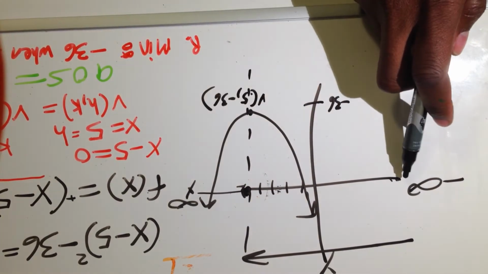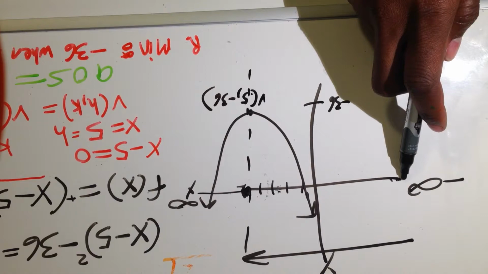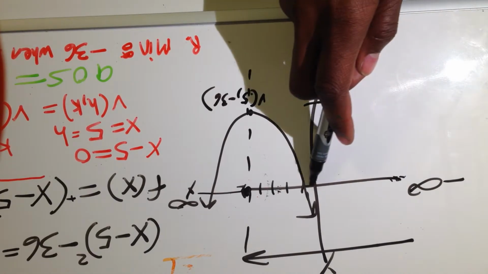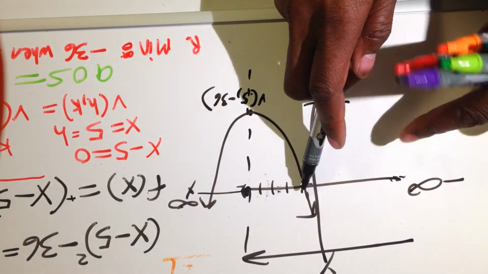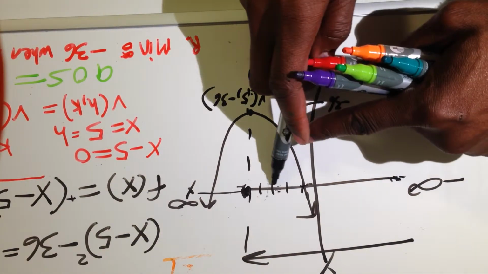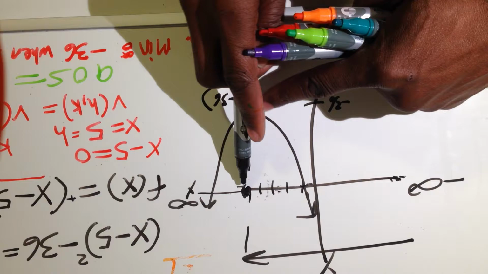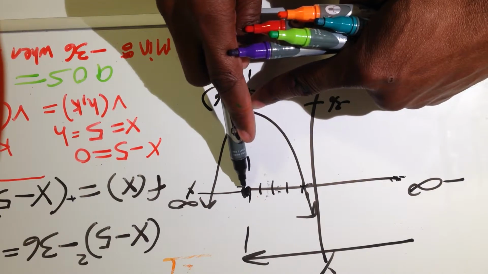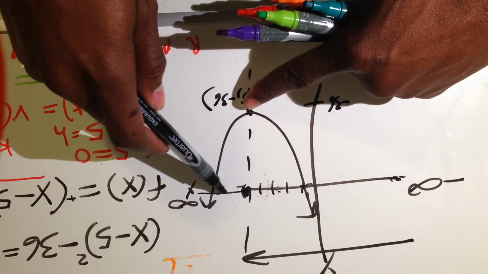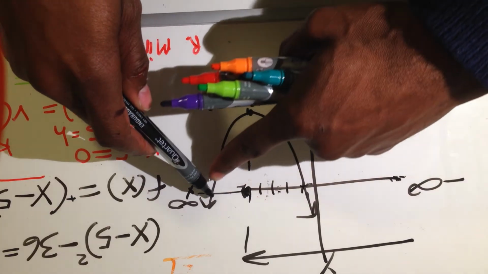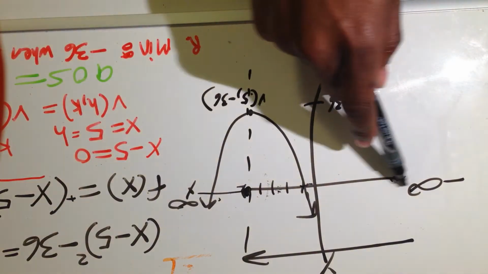We go from negative infinity, and we notice the graph is falling. Then it stops falling here, and at this point, where x is equal to 5, it starts to increase, right? And we read it on the x-axis.